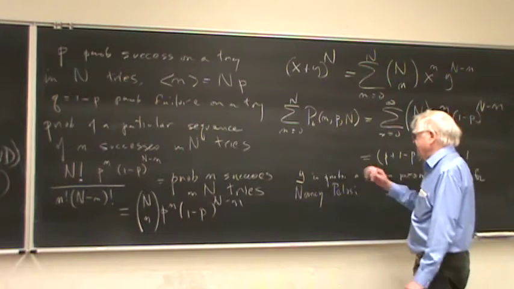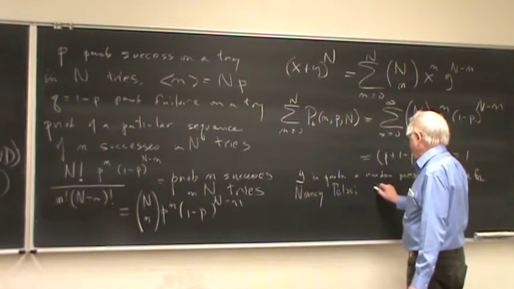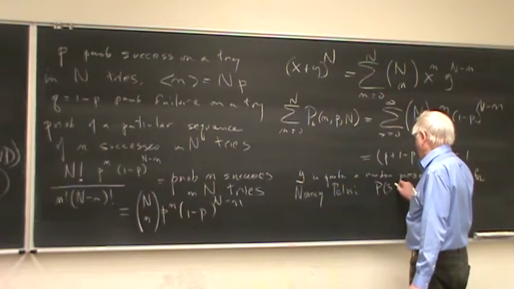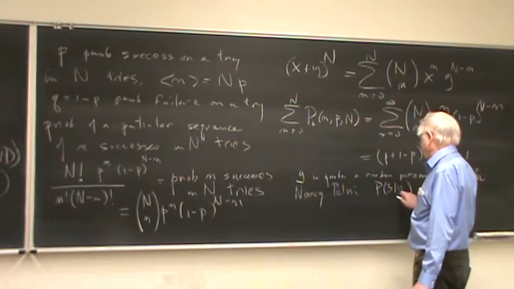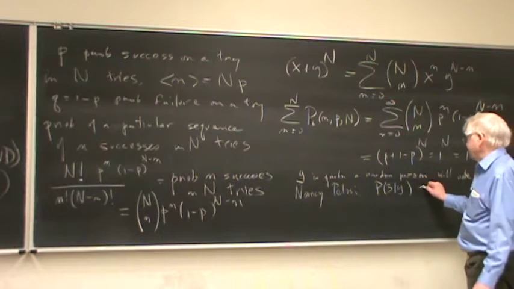So if y is that probability, because we don't know what that is, then the probability that 3 out of 4 people vote for her, given that the probability is y, what is that?